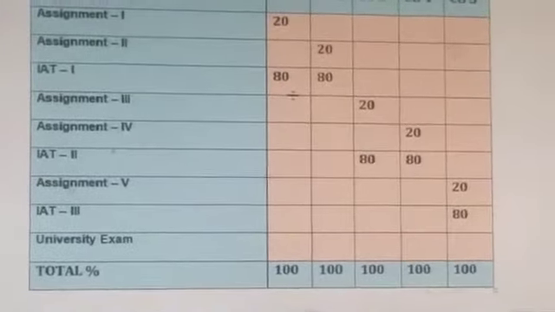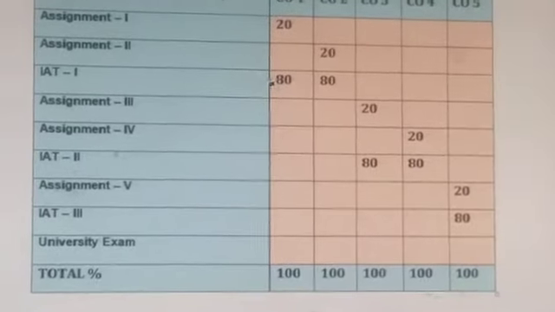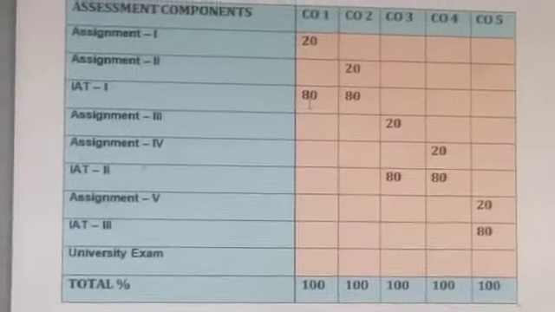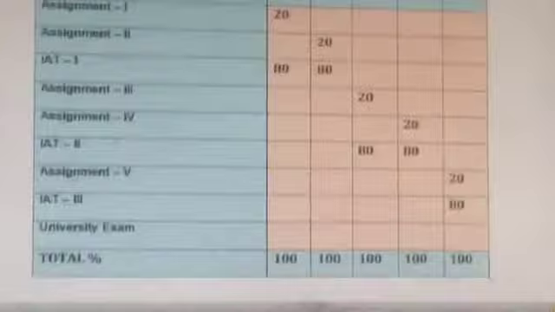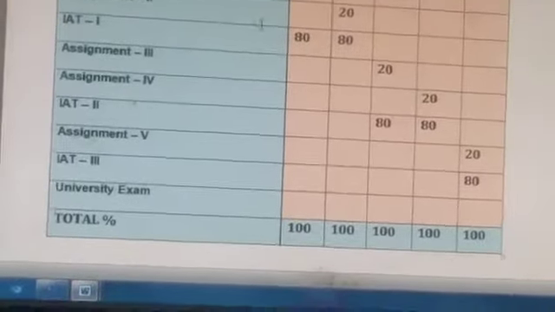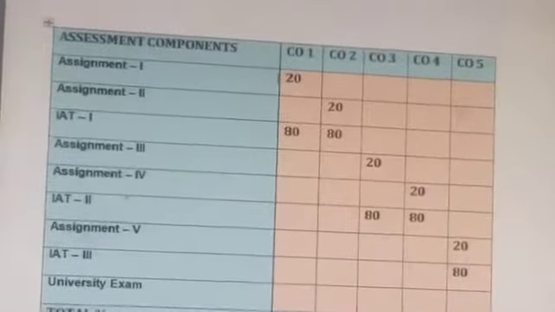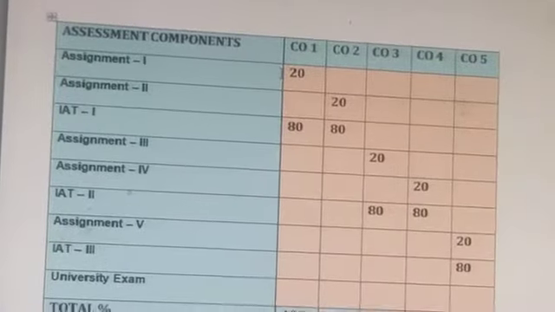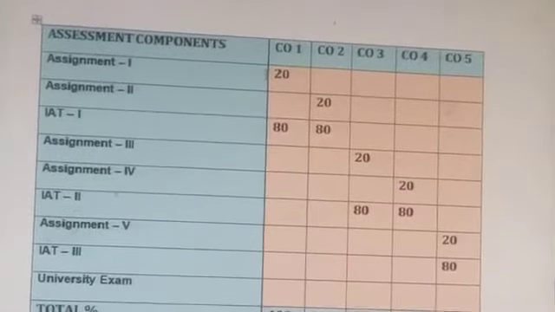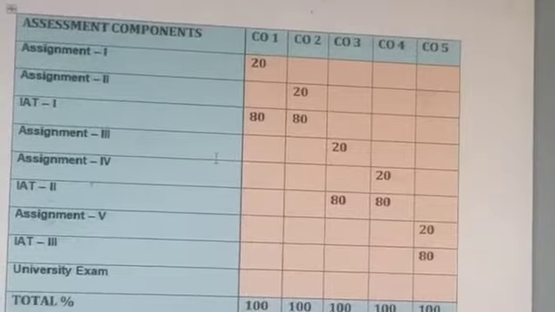Okay, I am giving 80% weightage for my direct internal assessment from IIT 1 and 20% weightage from assignment 1, for CO1.